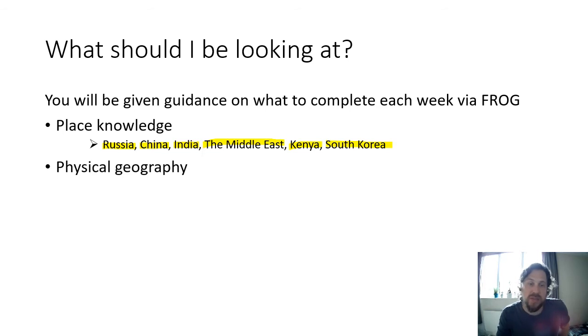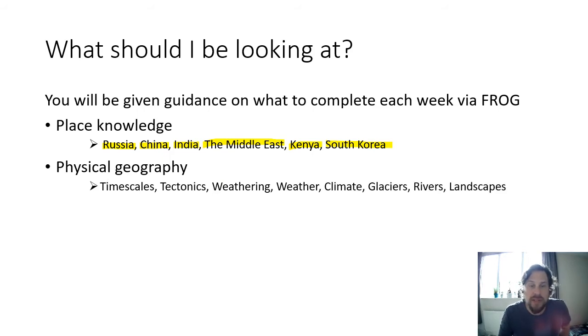The next section is all about the physical geography. So physical geography you'll have a GCSE exam on. And in this book there's some good things on time scales, so how long the world's been around, how long rocks have been around. So that's going to link in well with your tectonics. There's a section on tectonics, so earthquakes is a big one that we look at in GCSE, but you need to know the processes.